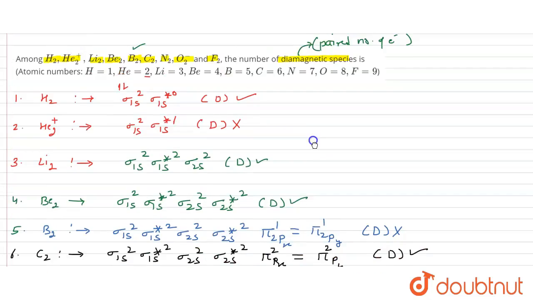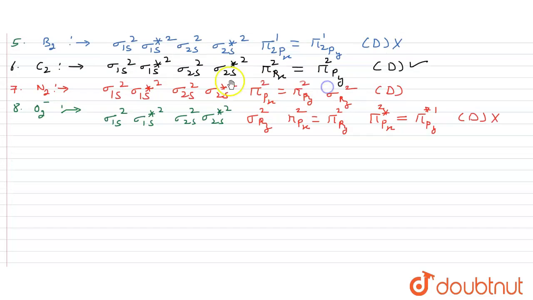So now move to the F2, right? So if you talk about the F2, let's say this is 9 F2. In case of F2 we have sigma 1s2, sigma star 1s2, right? Because atomic number is 9, there is a total of 18 electrons we have to fill, so that is sigma 2s2, sigma star 2s2, right?